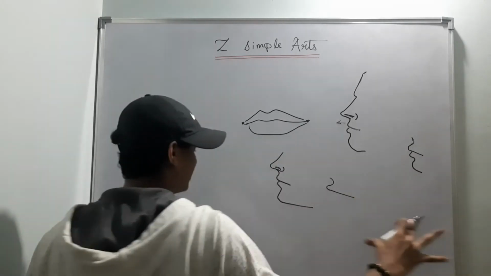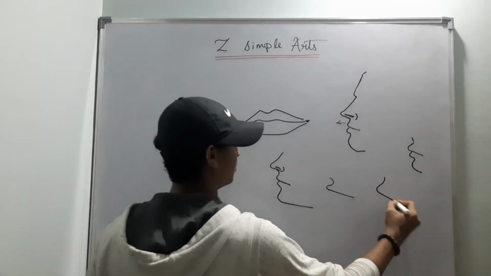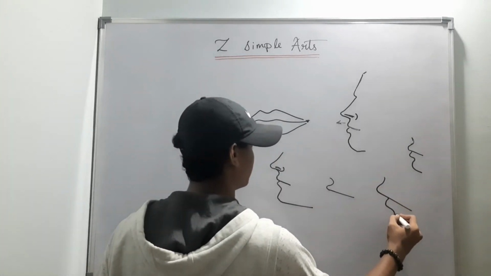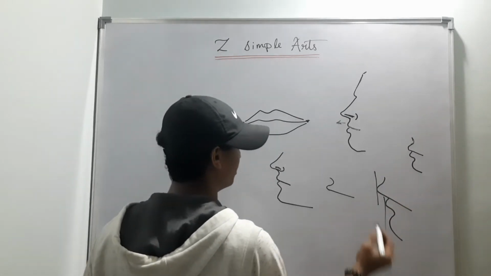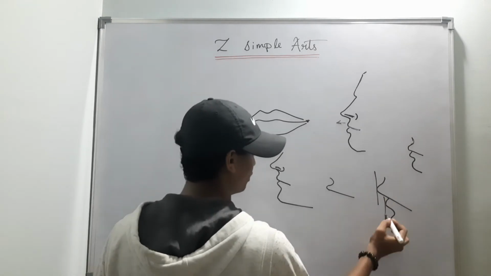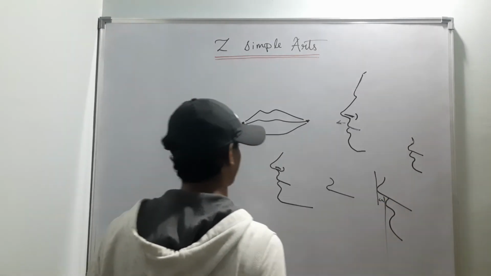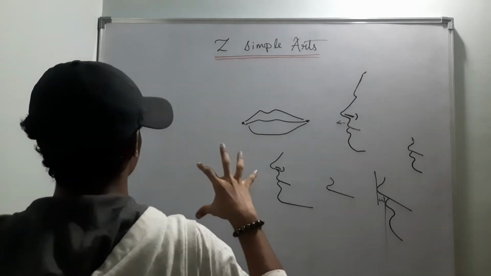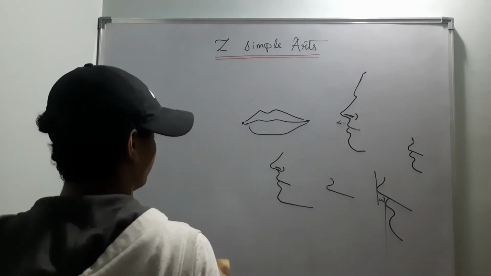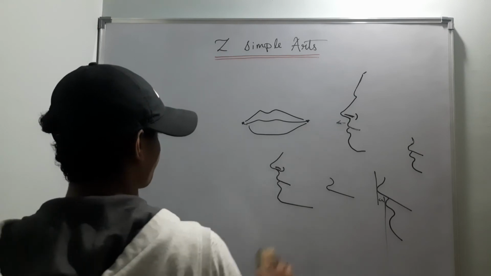To magnify this, it would look something like this. The upper lip is ahead and the lower lip is a bit behind. The difference is very minute, but that's the thing which is going to make the difference, which is going to put a realistic view into your photo.